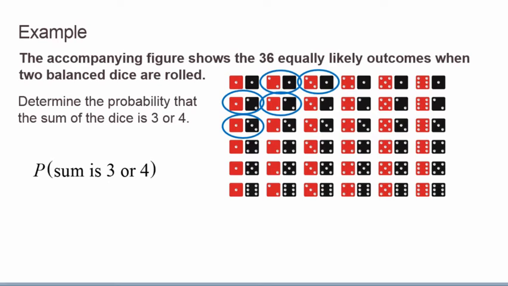If the first die is 1 and the second is 2, that gives us 3. If the first is 1 and the second is 3, gives us 4. If the first die is 2 and the second is 1, we get 3. If the first die is 2, the second is 2, we get 4. If the first die is 3 and the second is 1, then we get 4. So that's 5 out of 36, or 0.139.